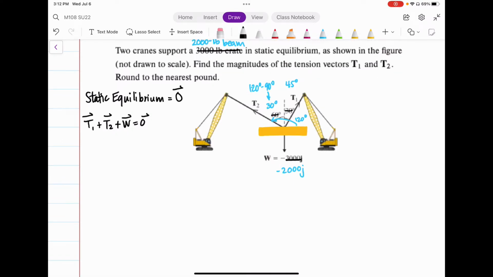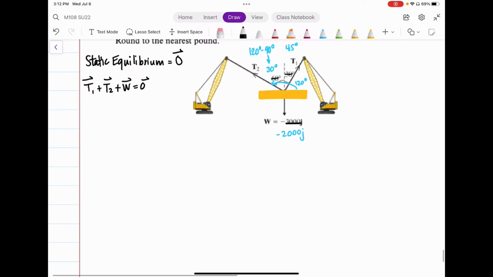Remember that a vector is found by taking the magnitude times cosine theta i plus the magnitude times sine theta j. Let's write all of this out with the information that we're given. So T1 is going to be given by the magnitude of T1 times the cosine of theta 1 times i plus the magnitude of T1 times the sine of theta 1 times j.